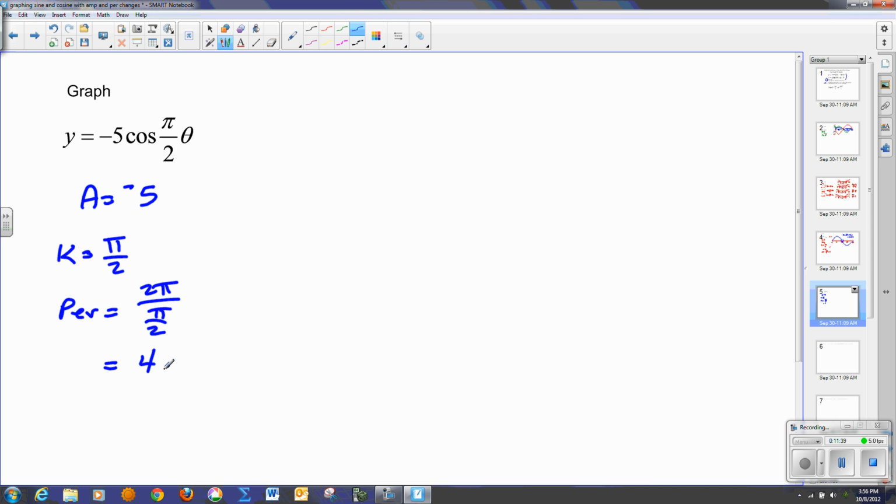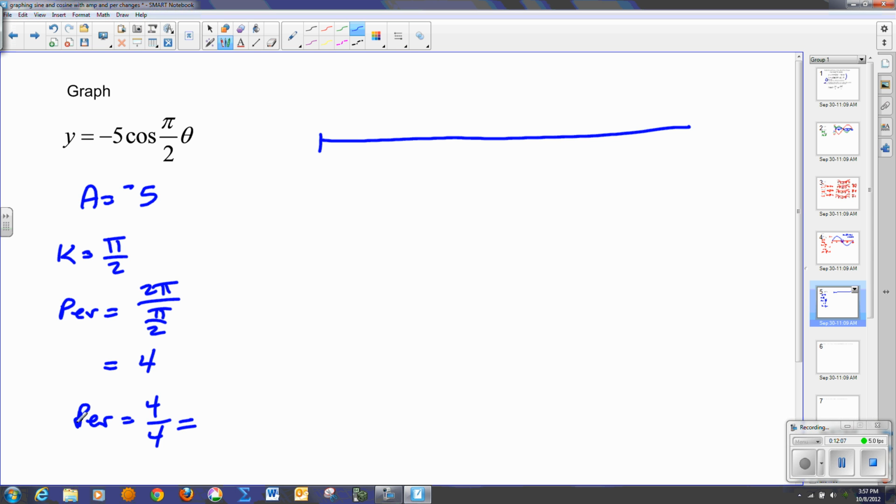Now, given that, what I'm going to do is I'm going to lay out my axis again. This time my period will equal 4 over 4, and I'll get intervals.